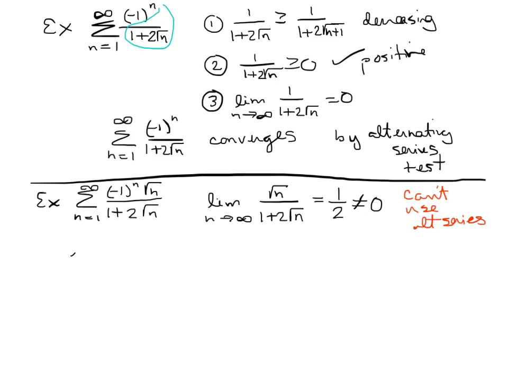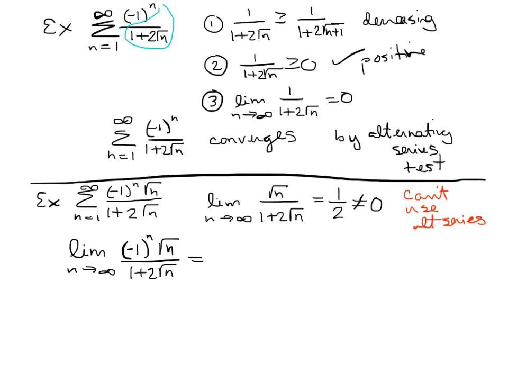So now let's look at the limit as n approaches infinity of what would happen if we included that negative 1 to the n in there. Because to use divergence test, you have to look at the limit of the entire sequence that you're taking the sum of. So this one, because the powers are the same and we get 1/2, that's fine.